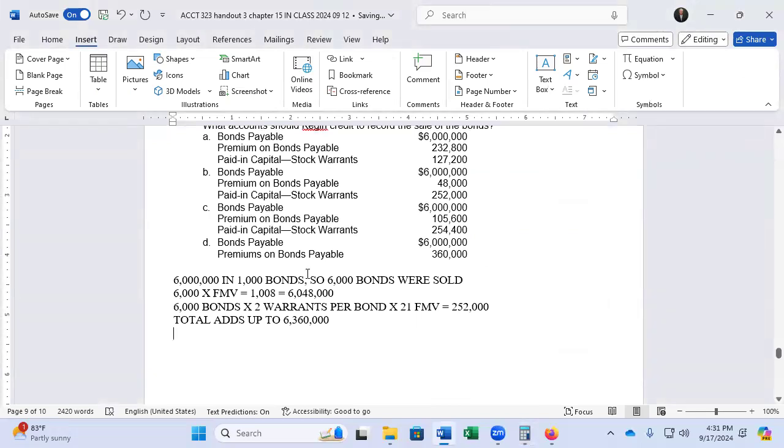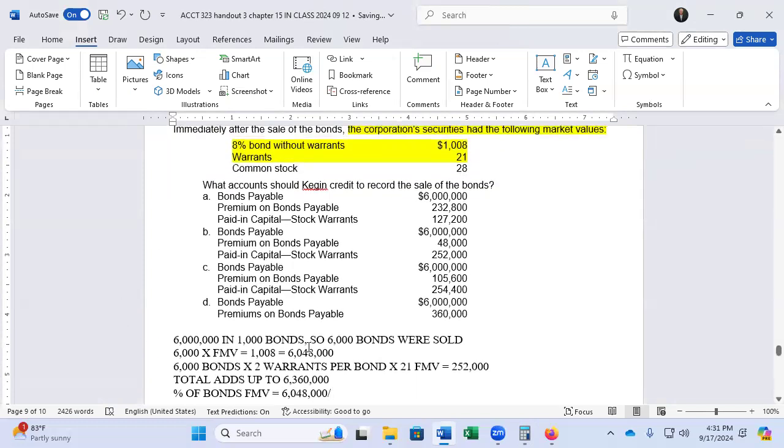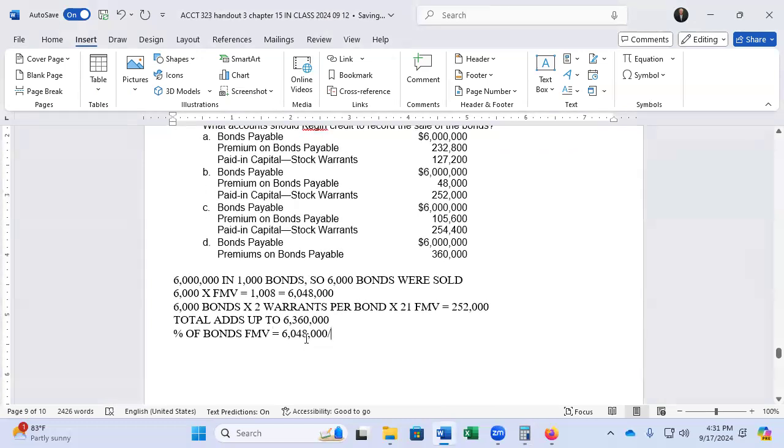And so we take percentage of bonds, fair market value equals 6,048,000. Did I math it? Where am I off on the math?